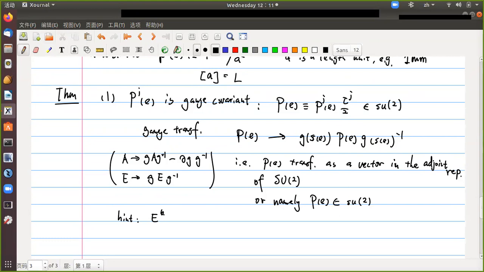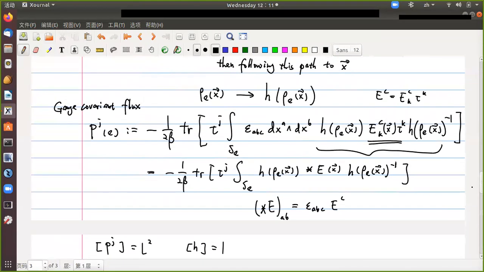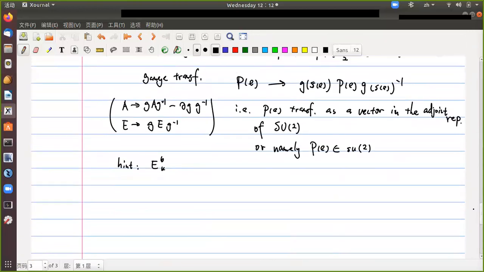So you can see that the flux depends on two gadgets. Firstly, this E^K times tau K, which is a matrix. And secondly, this holonomy. So flux also depends on the holonomy of the path. Okay. So you just need to plug in the gauge transformations of these two gadgets.